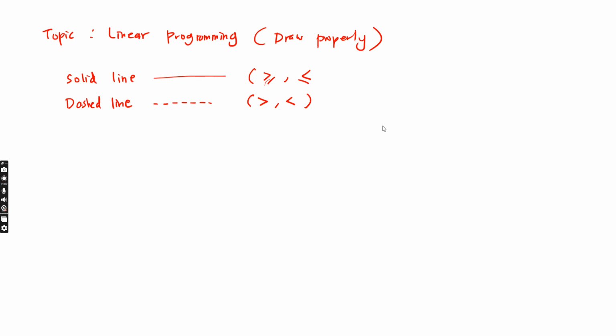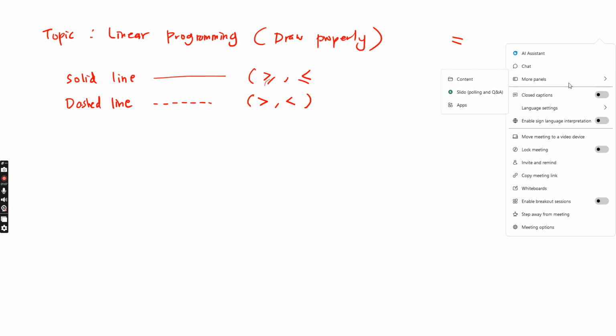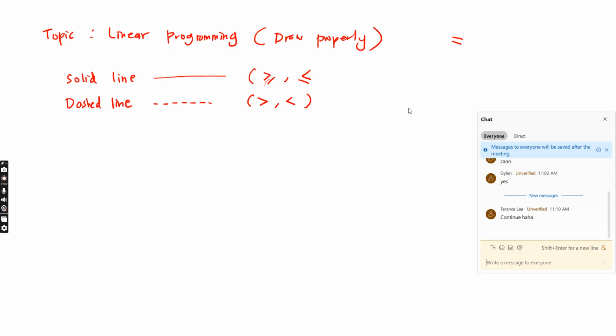Okay, so let's say I give you an example. What if they give you an equal sign? Is it a solid line or a dash line? What do you think? If we have an equal sign, do we need to use a solid line or a dash line?